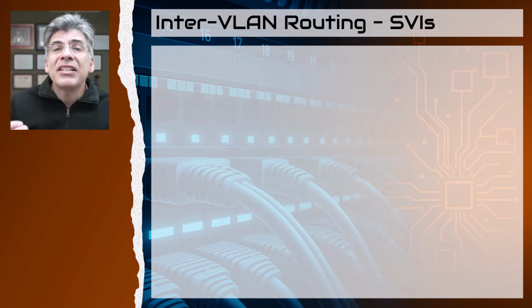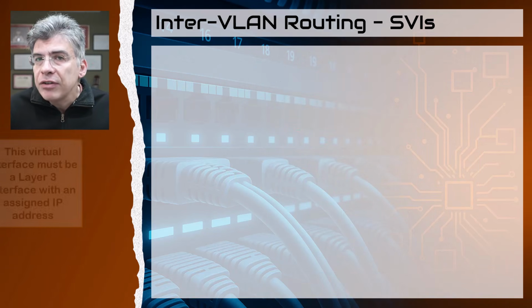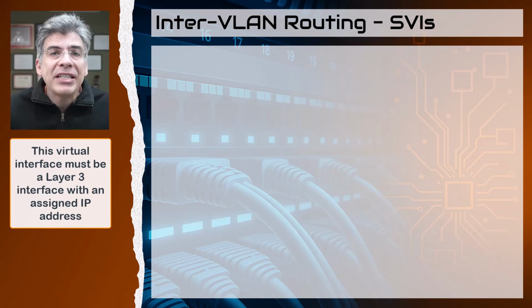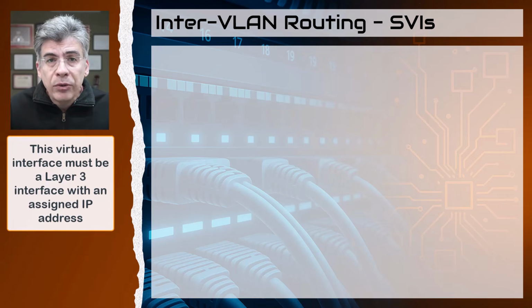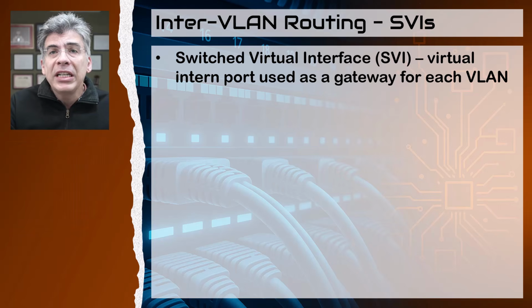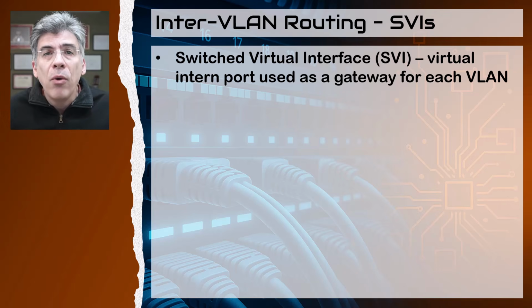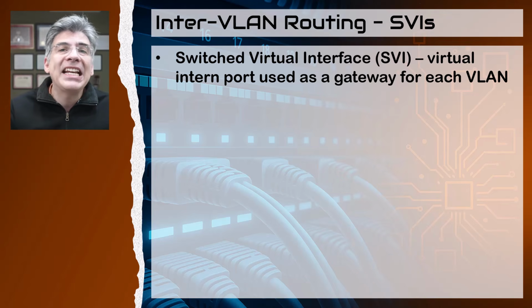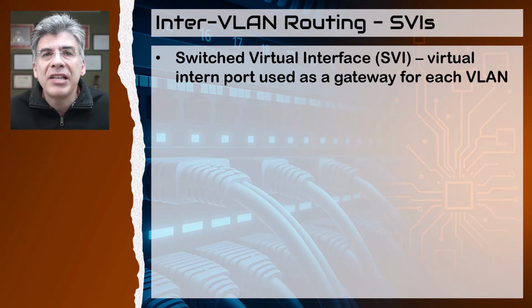So that means that a switch must have an internal interface assigned the IP address that will be used as the default gateway by the hosts in each VLAN. This virtual interface is known as a switched virtual interface, or SVI. This is also known as a VLAN interface in the context of Cisco, as well as other vendors. We create this interface and assign it an IP address within the appropriate subnet.